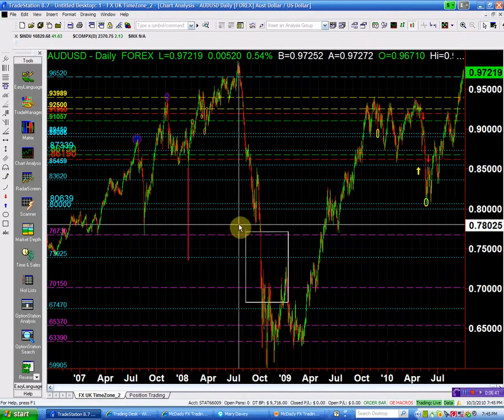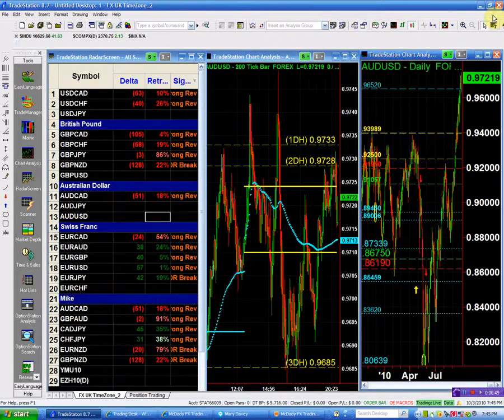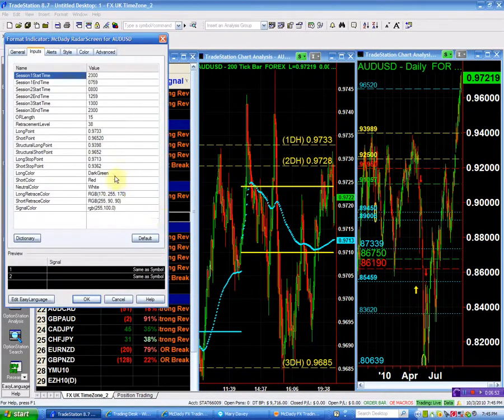The structure long is the all-time high, which is the 98.14. So basically we are 100 pips away from the next structural point or all-time high. If it gets above the 98.14, you're looking at history in the making.